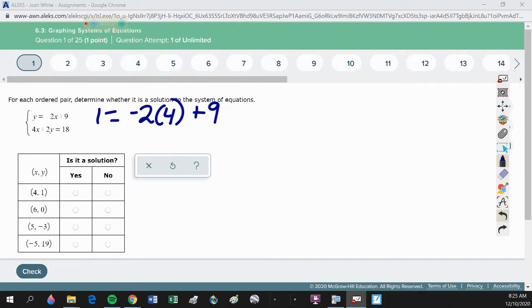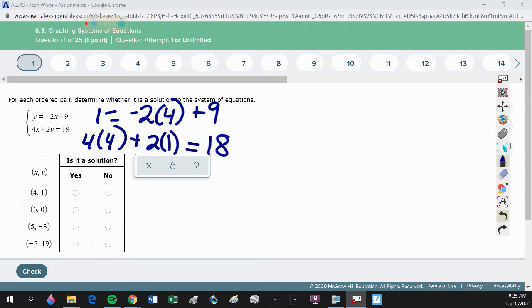But that's only half the story. I need to know, is that point also part of the other equation? So I plug 4 in here and 1 in here. And I get 4 times 4 plus 2 times 1.